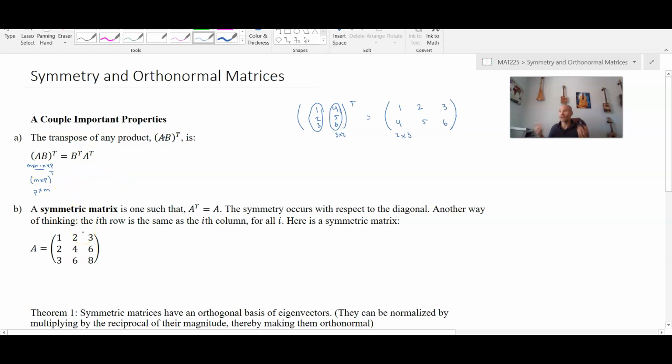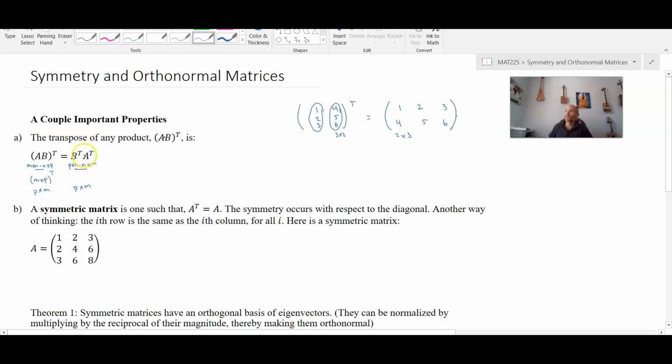Now, our justification, or at least our reasoning for why this will work out, is that B transpose would be a P by N matrix. A transpose would be an N by M matrix. And since now the inner dimensions match, we end up with a P by M matrix.